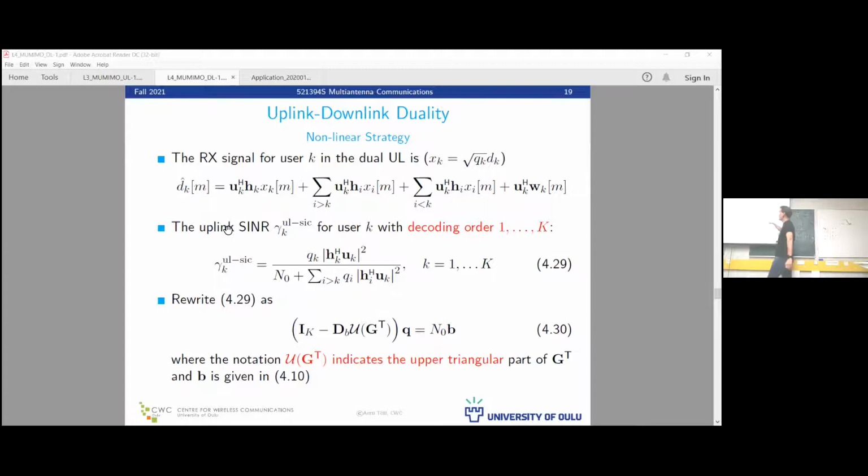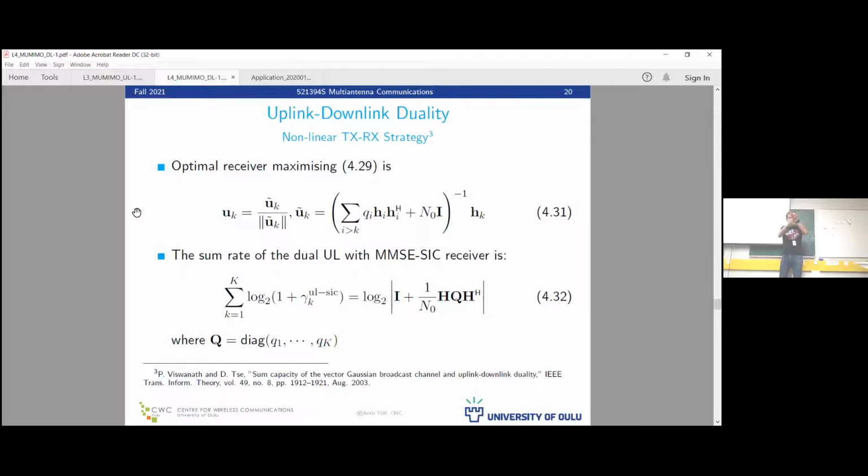Okay, obviously for the MMSE-SIC, you have this flow of actions: first you have the MMSE receiver front end, decode, subtract, update the MMSE for the second user, decode, subtract, MMSE for the third user without interference from the previous steps, right?